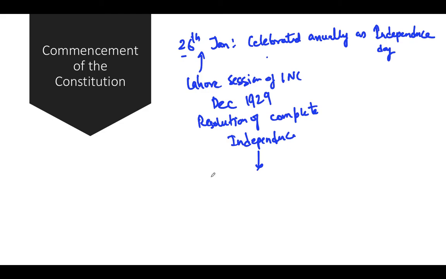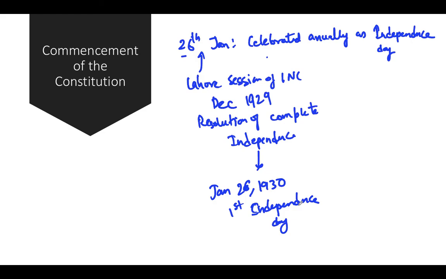And after 1 month, in January, 26th January 1930, clear? After 1 month, they celebrated that day as their Independence Day. So, for the first time, it was celebrated as Independence Day.